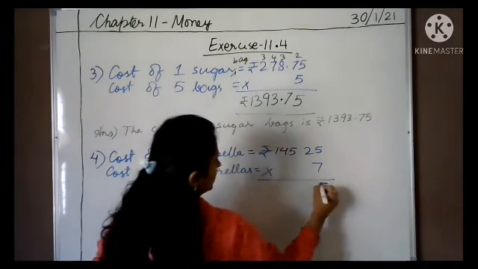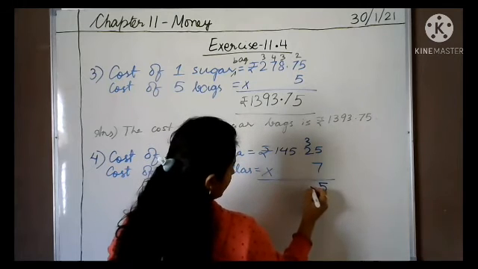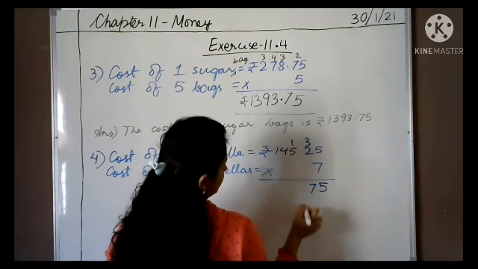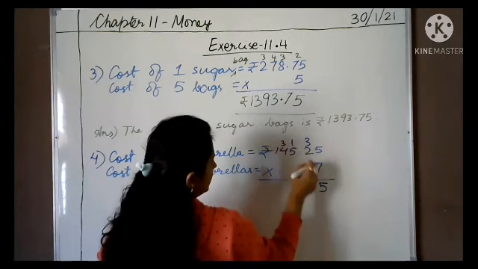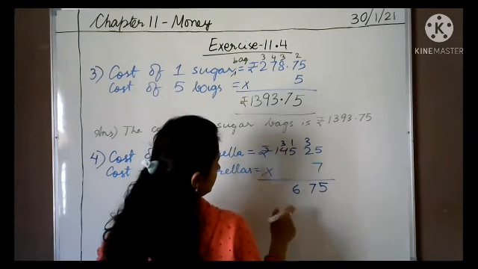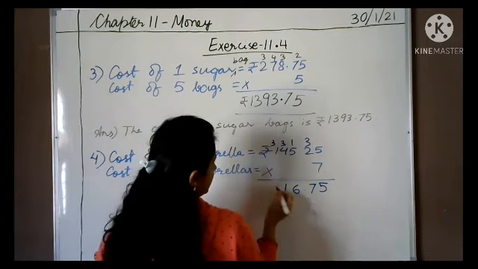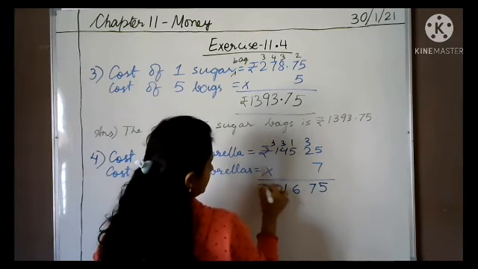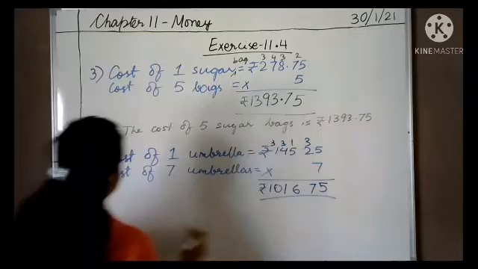So 7 5s are 35, 5 carry 3, 7 2s are 14 and 3, 17 carry 1. 7 5s are 35 and 1, 36 carry 3, 7 4s are 28, 31, 1 carry 3, 7 1s are 7 and 3, 10. So the answer is 1016.